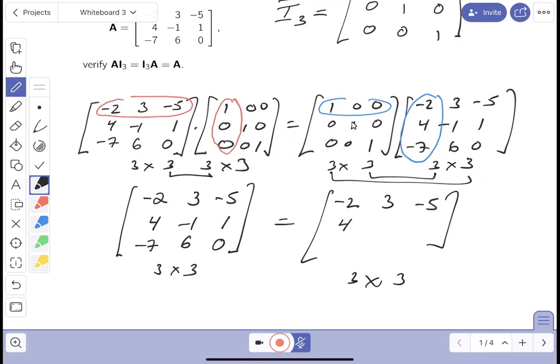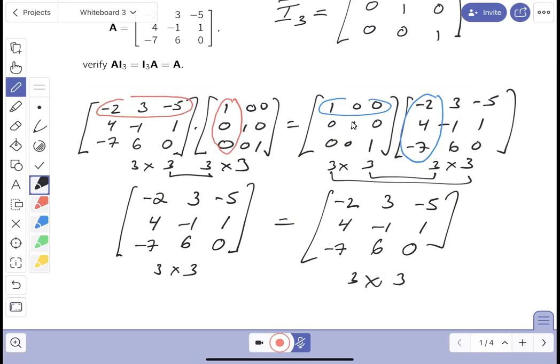Row 2 times column 2 is -1. Row 2 times column 3 is going to be 1. Now we're going to do row 3 times column 1, -7. Row 3 times column 2, 6. Row 3 times column 3, 0.